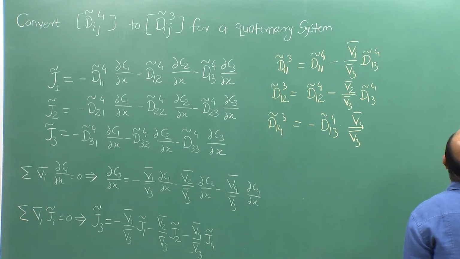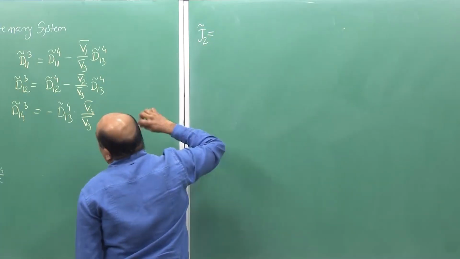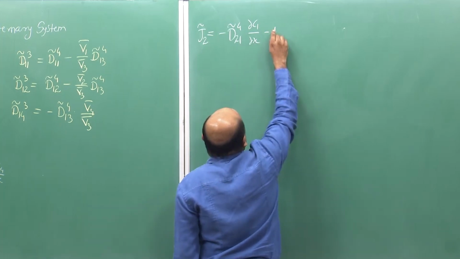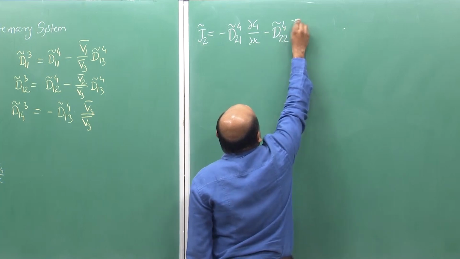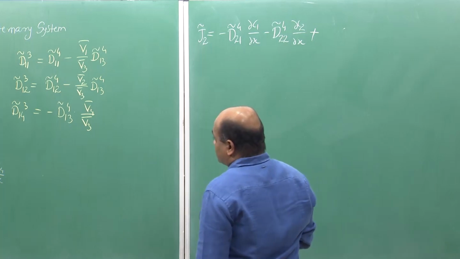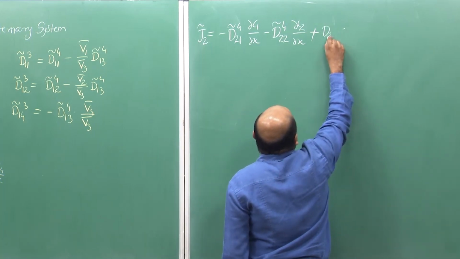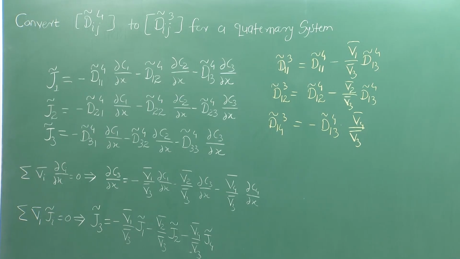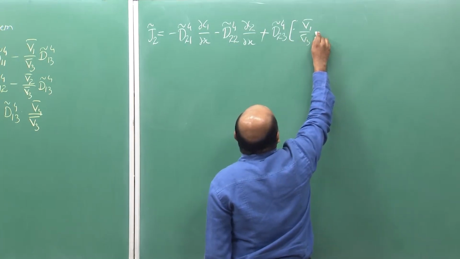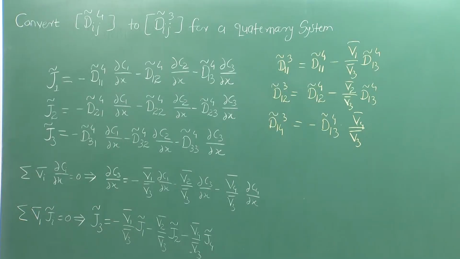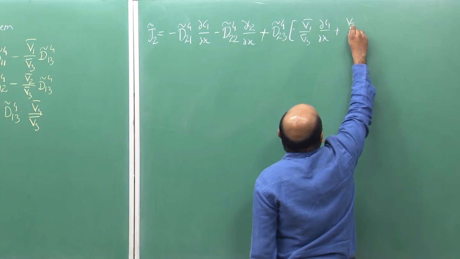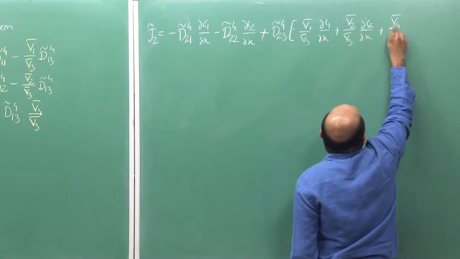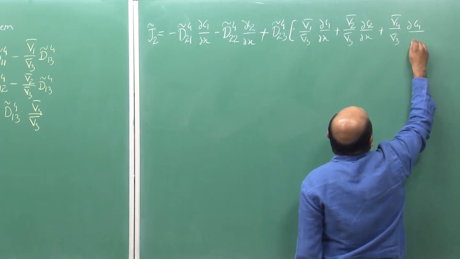So, if we substitute for dou C3 by dou x in the expression for J2 tilde, minus D21 tilde 4 dou C1 by dou x minus D22 tilde 4 dou C2 by dou x, this will be plus D23 tilde 4 times, substitute for dou C3 by dou x, which will be V1 bar over V3 bar into dou C1 by dou x plus V2 bar over V3 bar dou C2 by dou x plus V4 bar over V3 bar dou C4 by dou x.